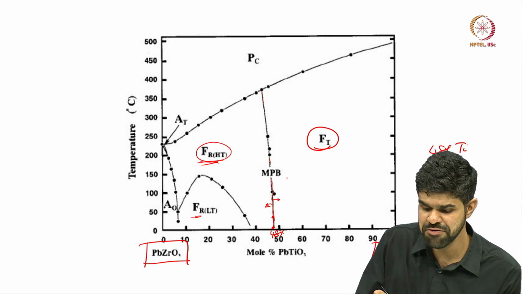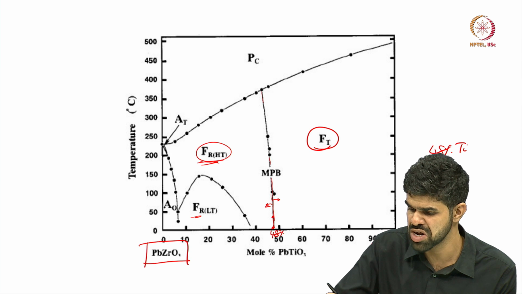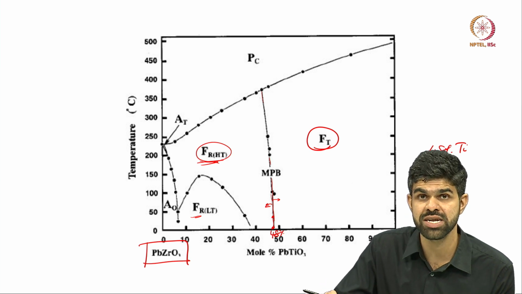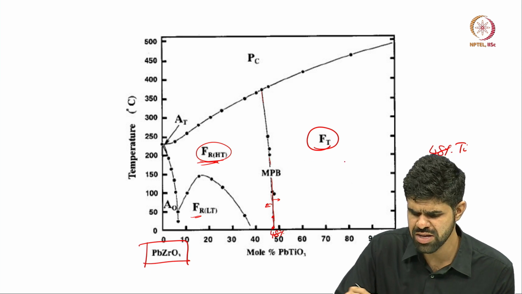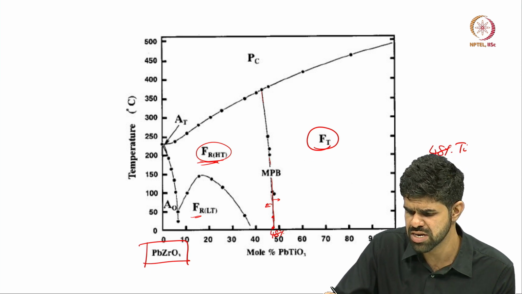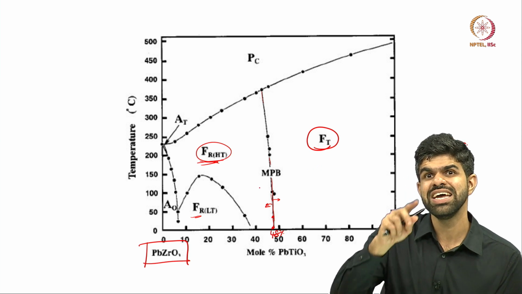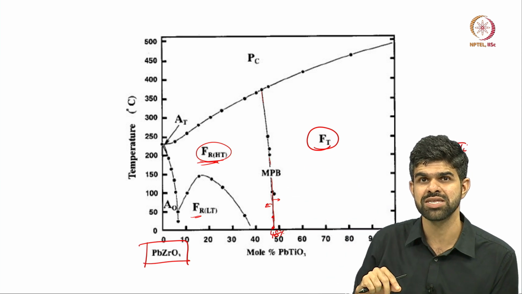If I want to polarize along the direction of the electric field, which is neither the tetragonal direction nor the rhombohedral direction, then on the tetragonal side, it can fluctuate to one of the 6 configurations. These are all the stable configurations on the tetragonal side.